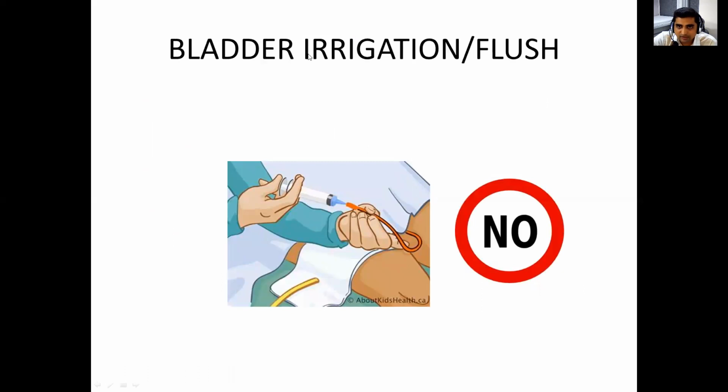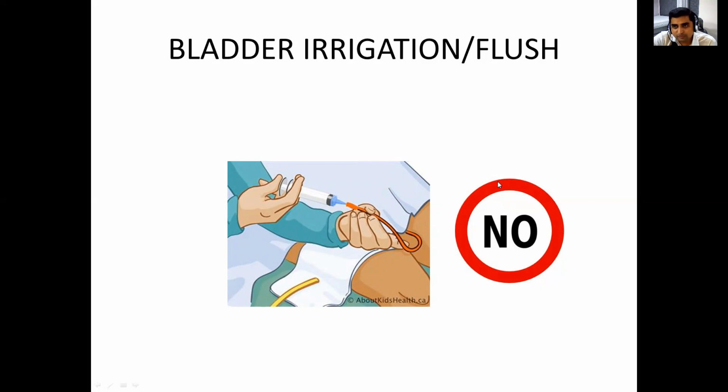Last thing is bladder irrigation or flushing the bladder. Should we do it? No, absolutely no. We should not flush the catheter or irrigate the bladder unless it is therapeutically indicated. Routinely it should not be done whenever urine output is low or blockage of the tube is suspected. Many ICUs or doctors are practicing this, but it is wrong.